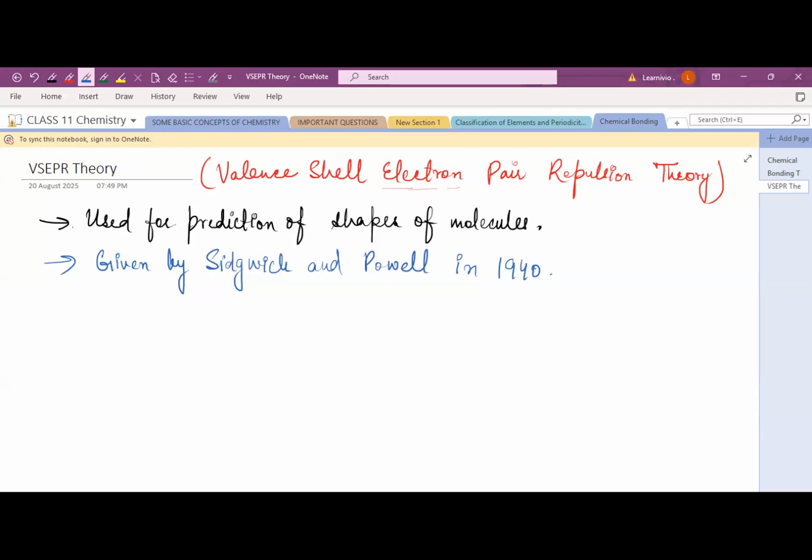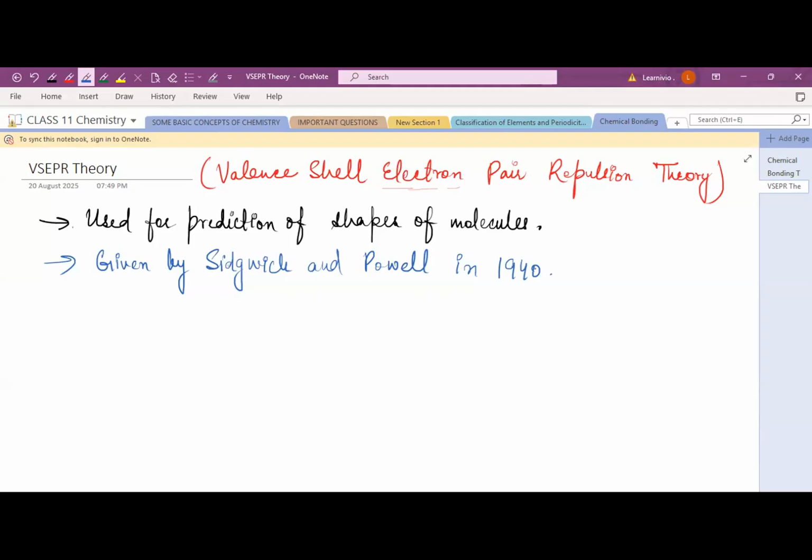If there are same charges, then obviously between same charges, like poles, the repulsive force comes into play.